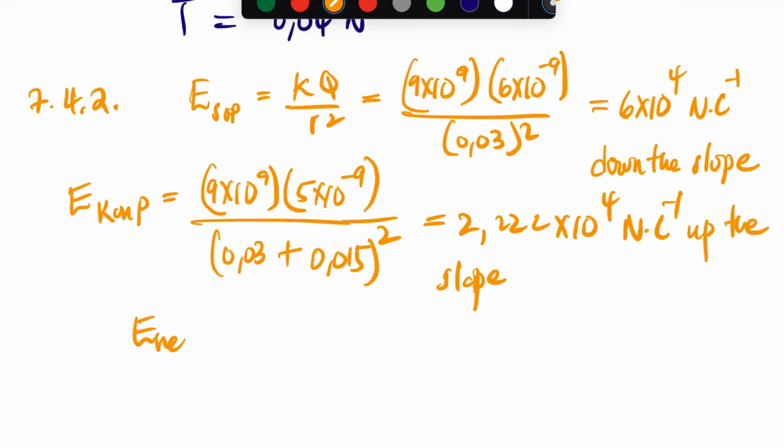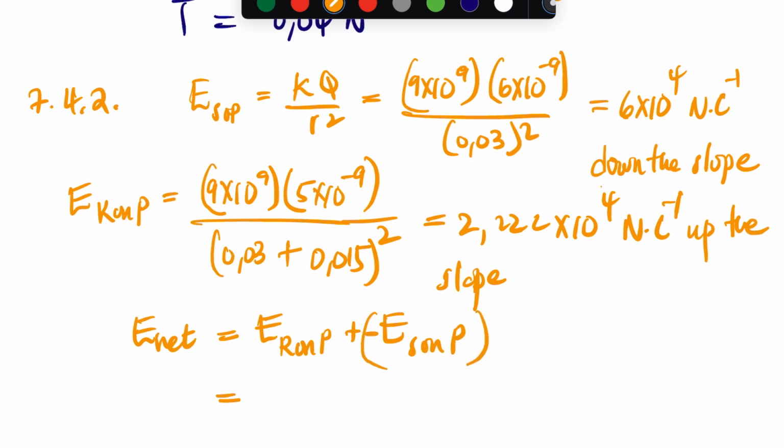And then we do the E net. The E net is equal to the electric field of R on P plus the electric field of S on P. But their directions are very important. We said R on P is going up the slope, so it's positive, and S on P is going to be negative, which is down the slope.